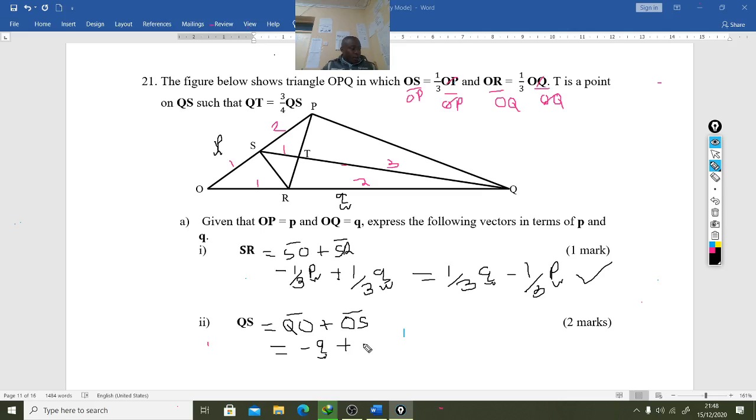OS is a third of OP, which is p vector, so a third p vector minus q vector. You can write it that way, a third p vector minus q vector. So that is how you're supposed to write it.